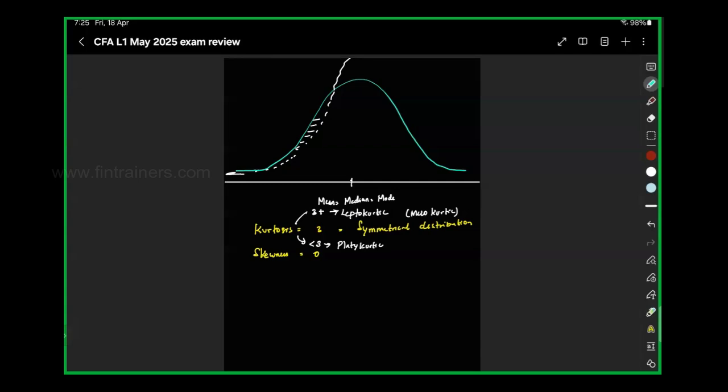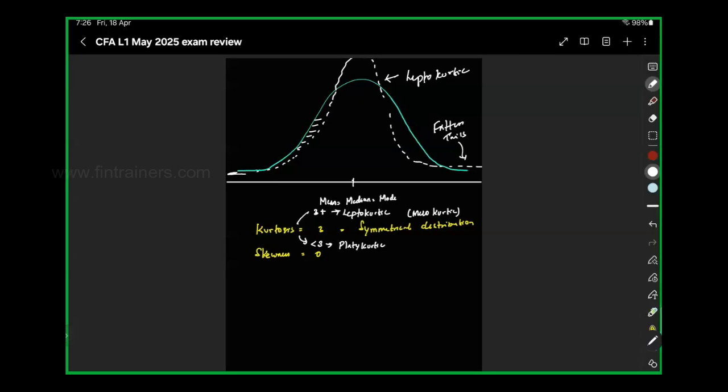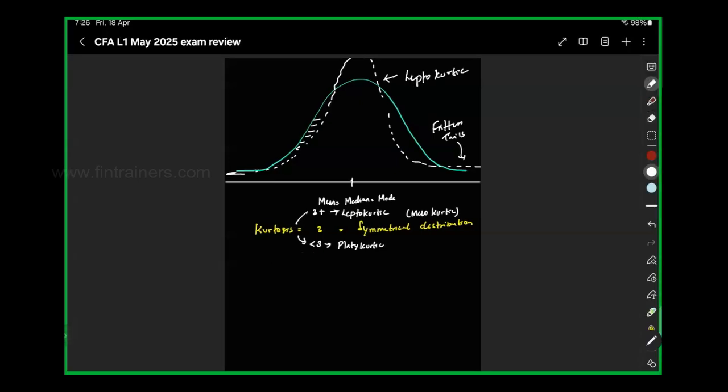Kurtosis tells us how many of the values are available in the extremes. If I have a leptokurtic distribution, I can't draw it here, but it's something like this, with a longer tail or fatter tails. That's the characteristic of a leptokurtic. To make it a little easier, you can subtract 3 from the kurtosis computation, and then you get what is called excess kurtosis.